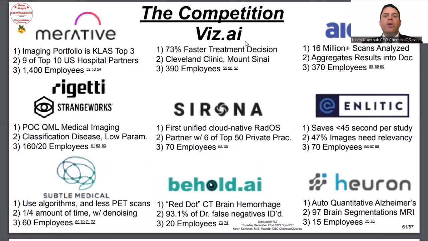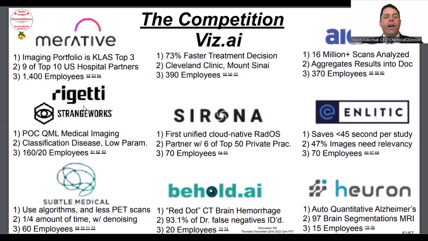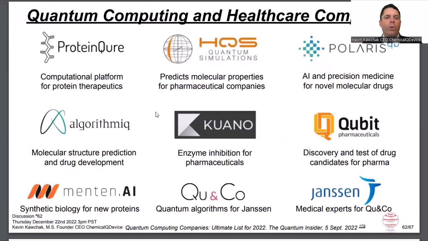So there is a fair number of competitors that will likely adopt some form of quantum technologies, potentially even in 2023. Rigetti Stringworks was the last announcement in the quantum field, and they're saying quantum medical imaging, similar to the chemical Q device. And then these others are more AI, ML, DL. And like I said, with any of this, potentially working with AWS or whoever, they'll likely also get their quantum versions out where it makes sense.